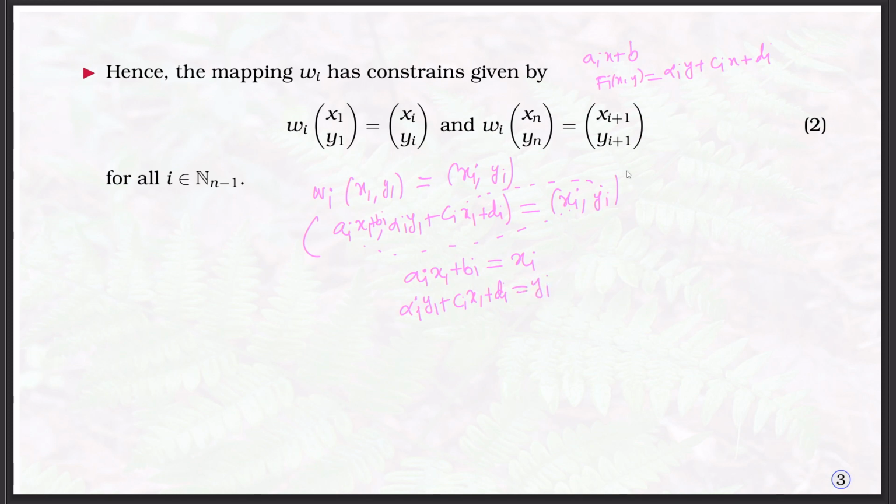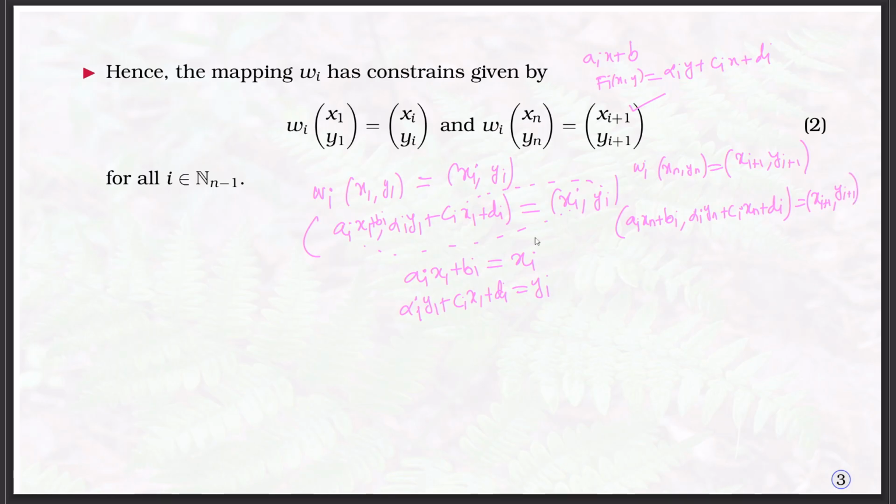And similarly, if you are taking this condition, that means xn yn maps to xi plus 1 and yi plus 1, we can apply wi, and here one can get ai xn plus bi, and when you apply yn here, then alpha i yn plus ci xn plus di, which is equal to xi plus 1 and yi plus 1.